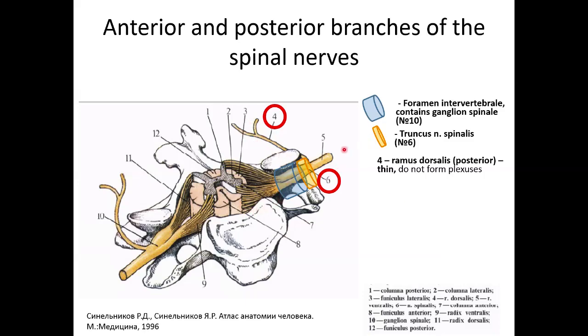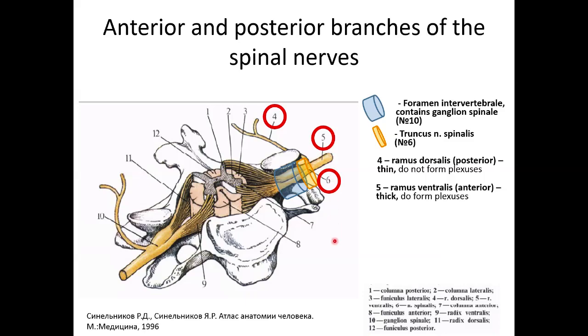So spinal nerve gives ramus dorsalis, which is quite thin, and number 5, ramus ventralis or ramus anterior, which is quite thick.